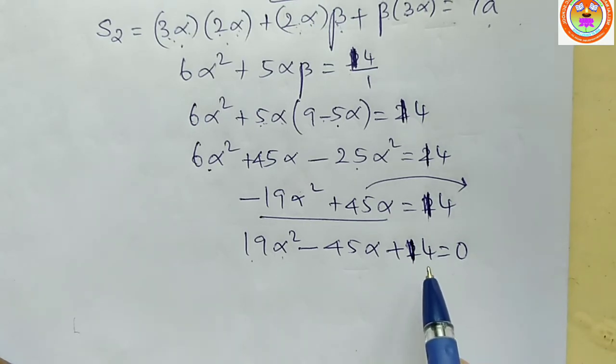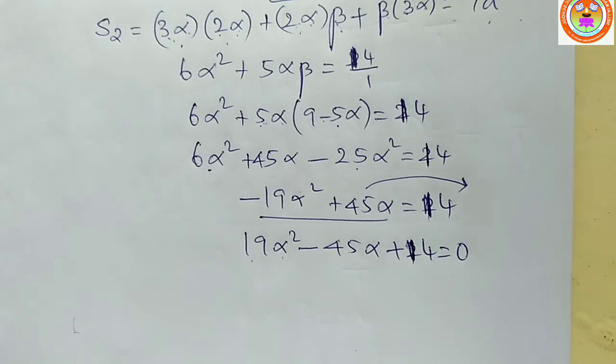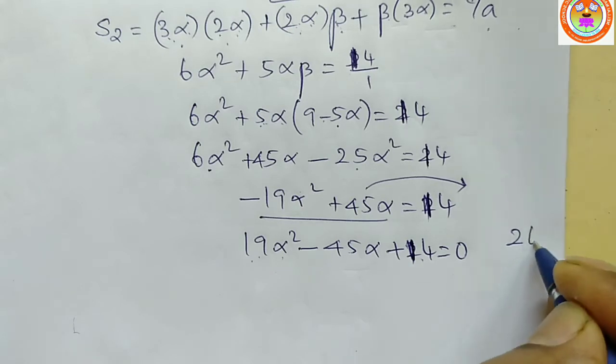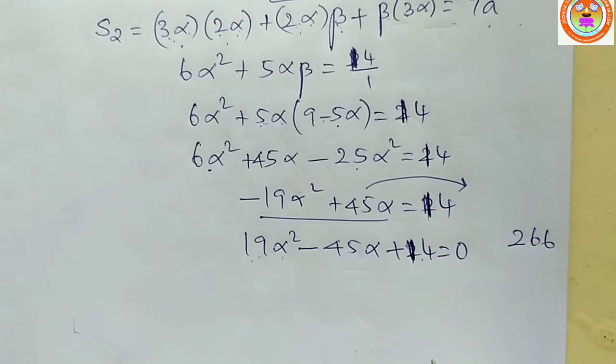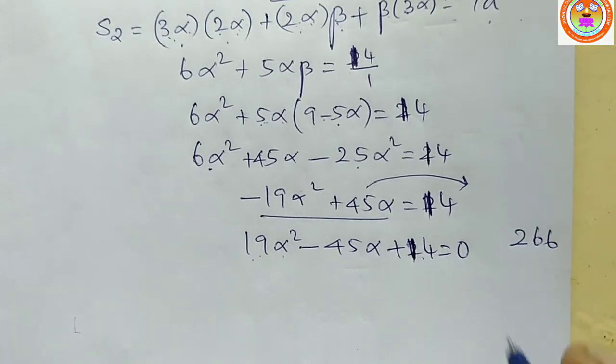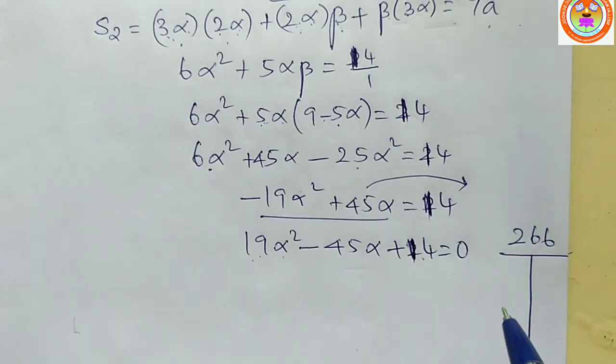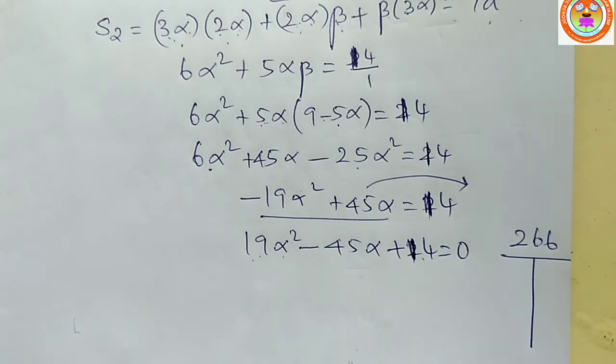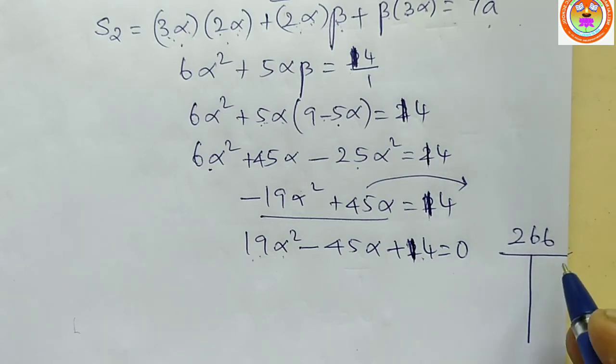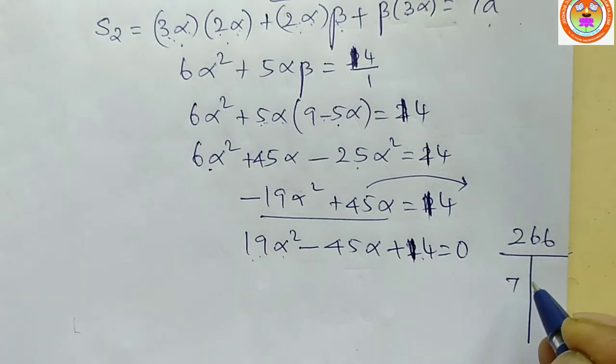When we go for solving this quadratic equation, we can use sum and product rule. 19 times 14 is 266. Now our aim is to find two numbers whose product is 266 and whose sum is minus 45. The only possible numbers are 7 and 38.